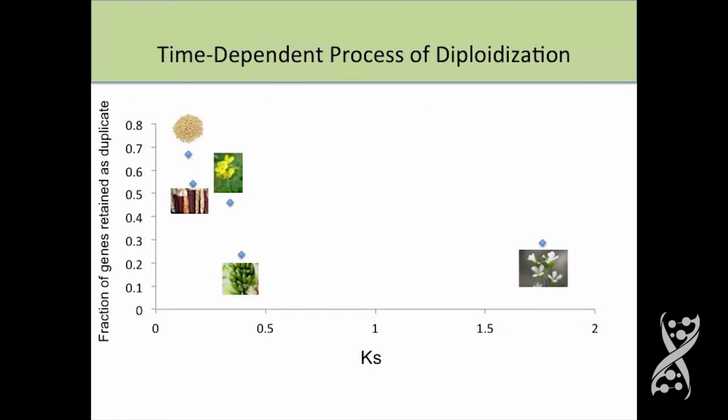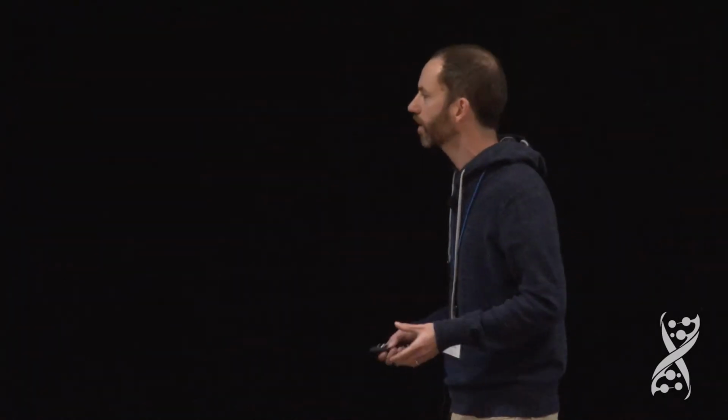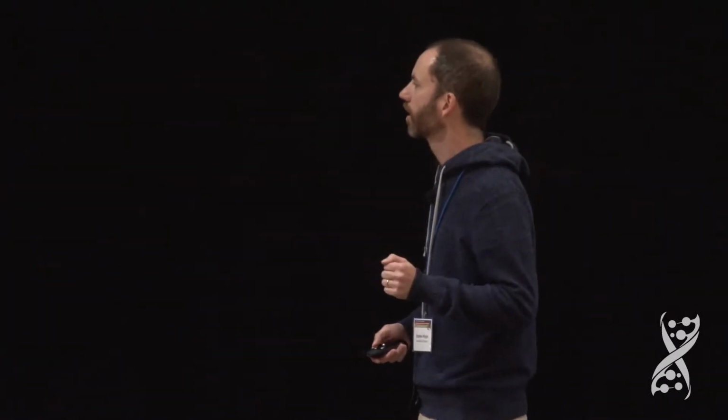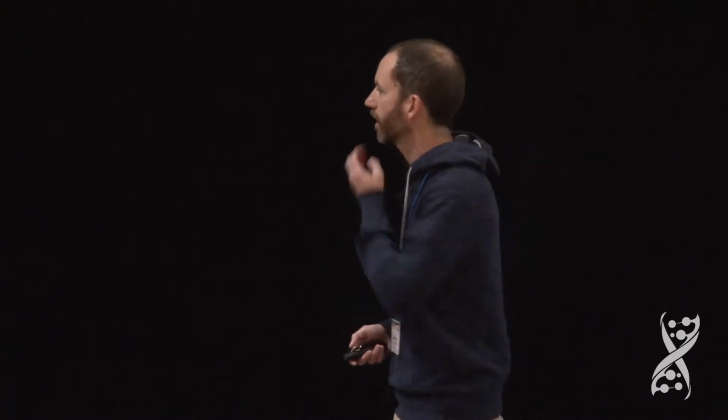But over time, you get a diploidization process where many of these genes that were duplicated at some point end up becoming degenerated and lost. Okay? So again, we have this process of backwards or degenerative evolution. Large-scale regions of the genome that used to function are no longer functioning and have become inactivated.